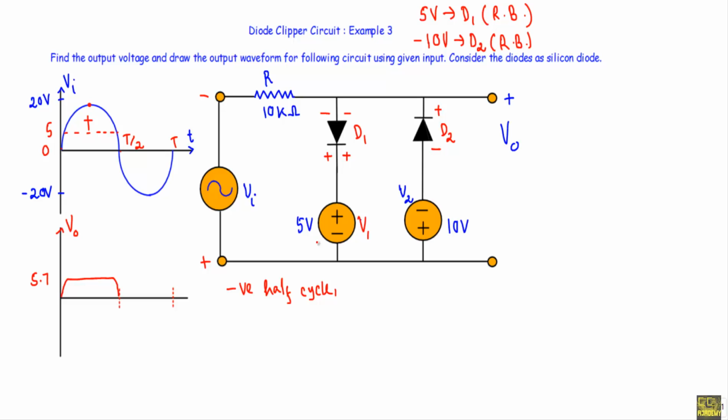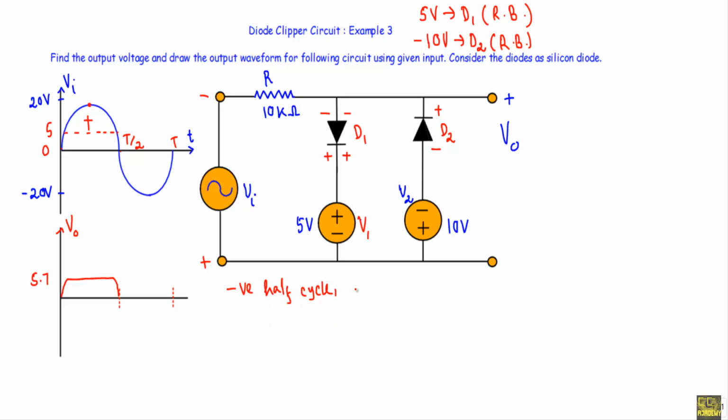That means both this 5 volt source and this input voltage Vi are driving the diode D1 in reverse bias during this negative half cycle because their positive terminal is connected with the N side and negative terminal is connected with the P side of the diode D1.